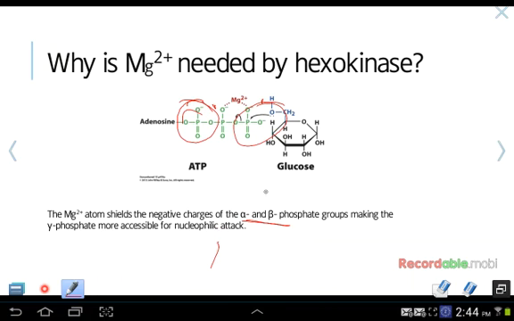So the oxygen on carbon 6 can come in and nucleophilically attack that phosphate group, and the negative charge isn't so electrostatically repulsive that the glucose can't get in close enough to do that.